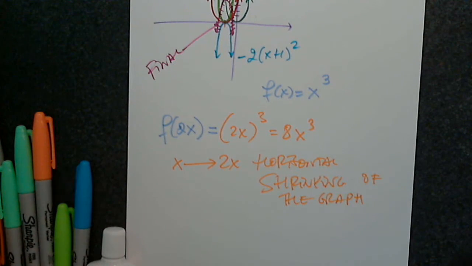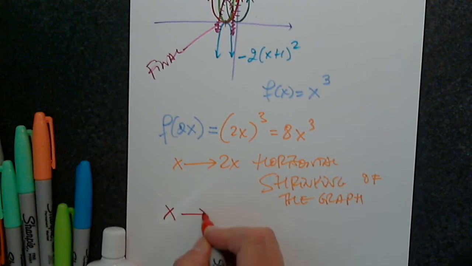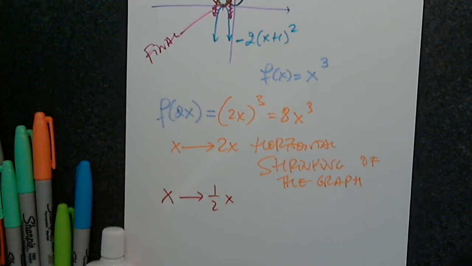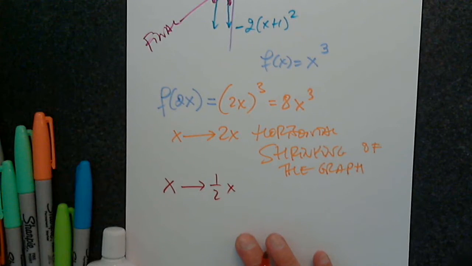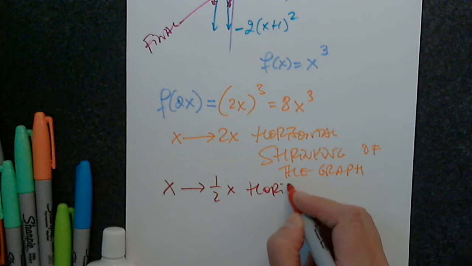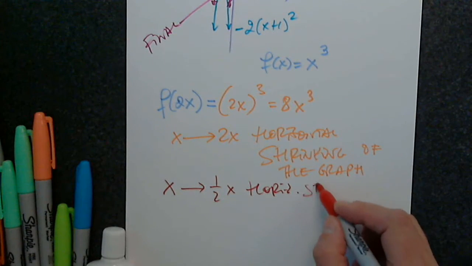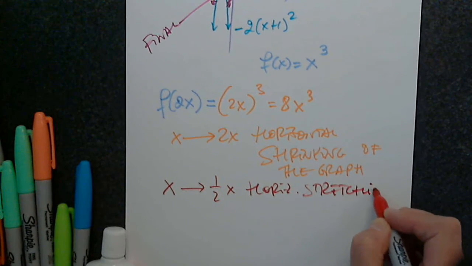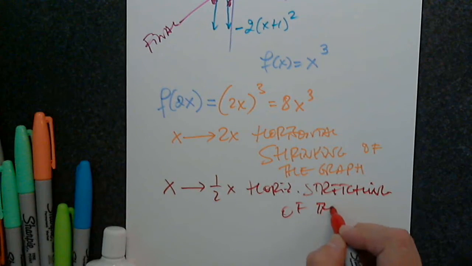And obviously, the other one, when we change x into 1/2 x, you would think that we would divide all x values by 2, but it's quite the opposite. This is a horizontal stretching of the graph.